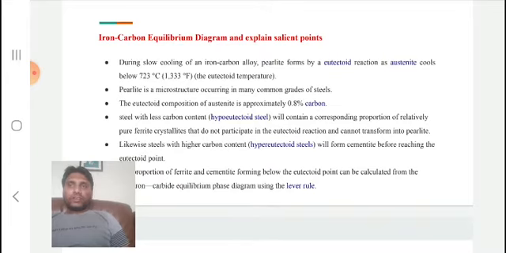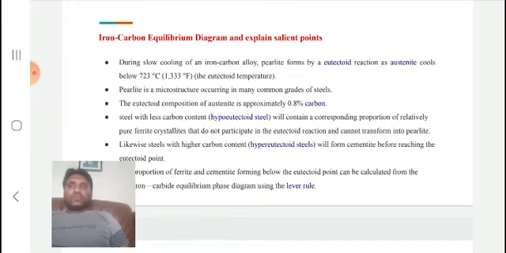The eutectoid composition of austenite is approximately 0.8% carbon. Steel with less carbon content will contain a corresponding proportion of relatively pure ferrite crystallites that do not participate in the eutectoid reaction and cannot transform into pearlite.